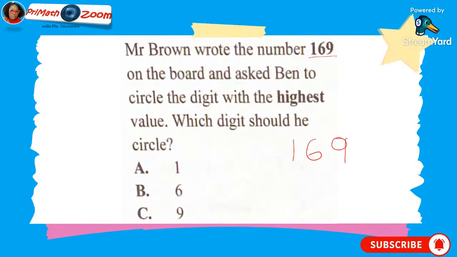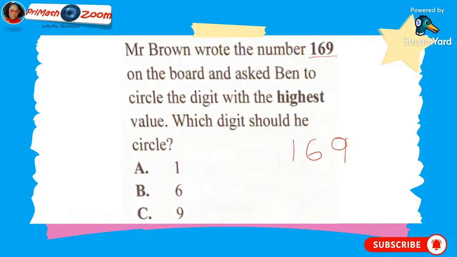Okay, persons are saying 1, some are saying 9. Okay, let's look at the number now. Why do you say 1 has the highest value? Why do you say 9 has the highest value? William says because it's the biggest, but it asks about the value.